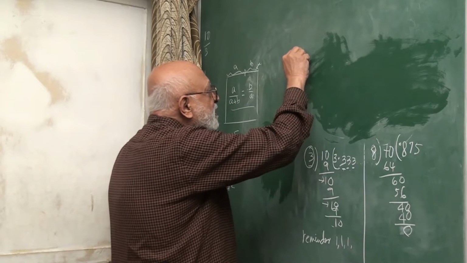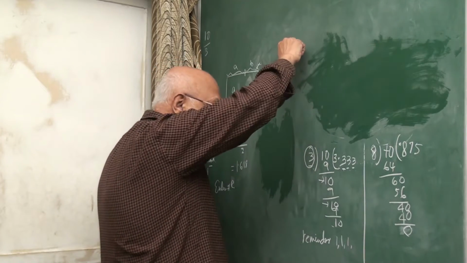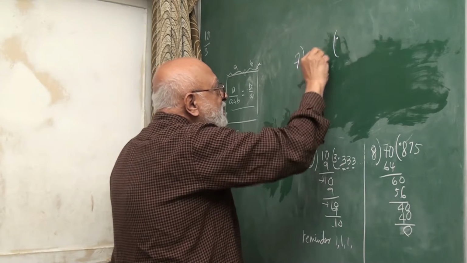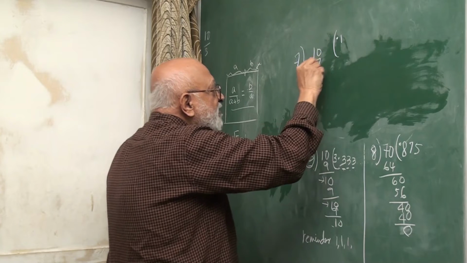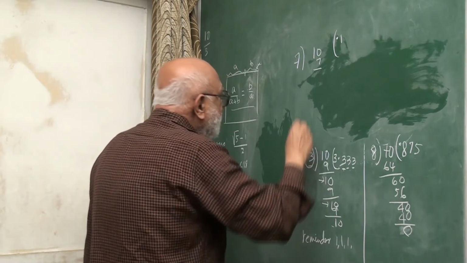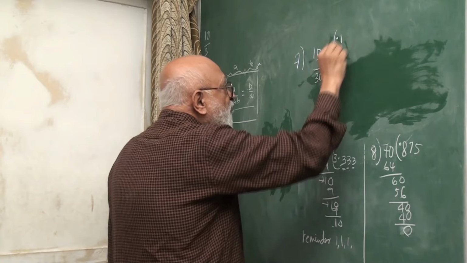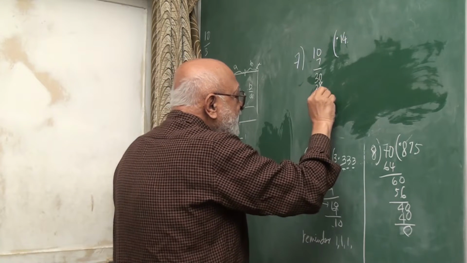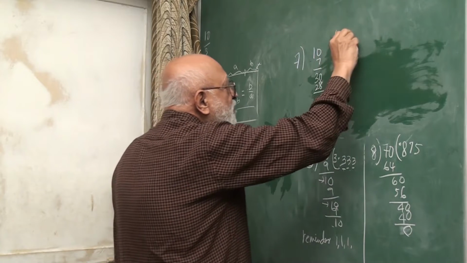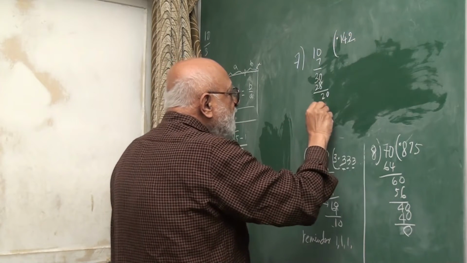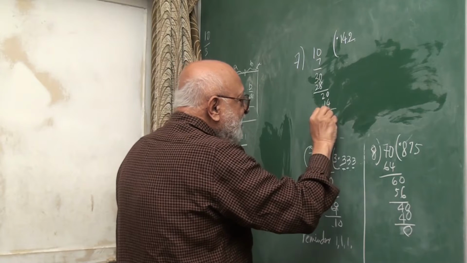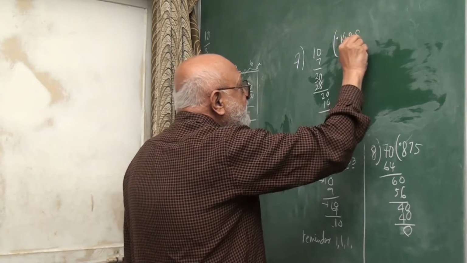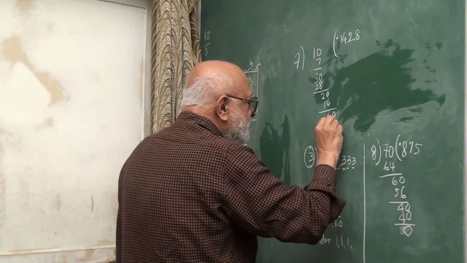So this will be 7 by 1, 7. Here it is 1.0. So it will be 28, 20. How much will it go? It will go 2, so it will be 14. Again it is 60, so again 8, 56.